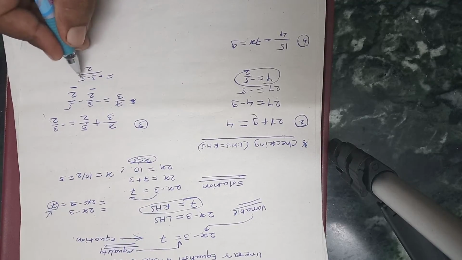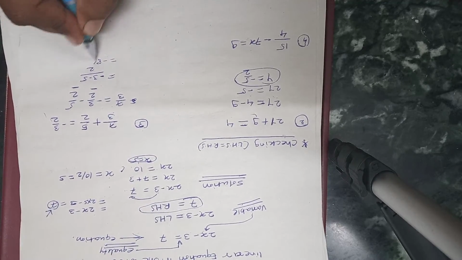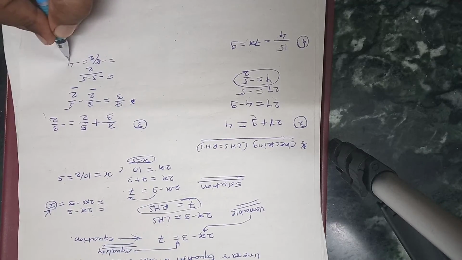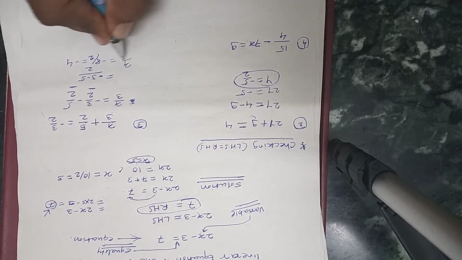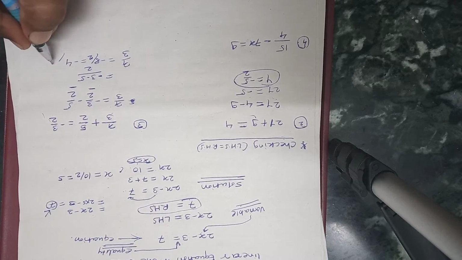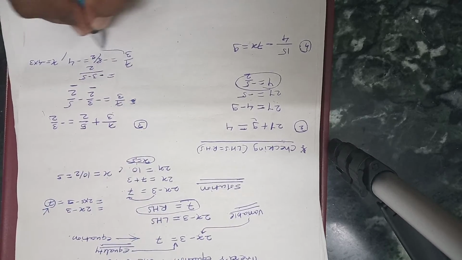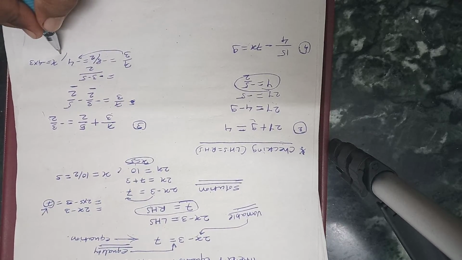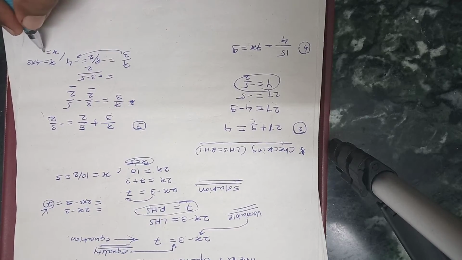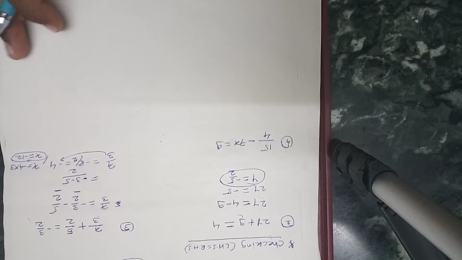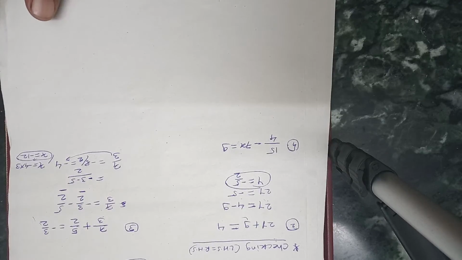Minus 3 minus 5 will be minus 8. 8 divided by 2 is equal to minus 4. x by 3 is minus 4, so x is minus 4 into 3. We will shift that 3 here. x is equal to minus 12. Answer is minus 12.